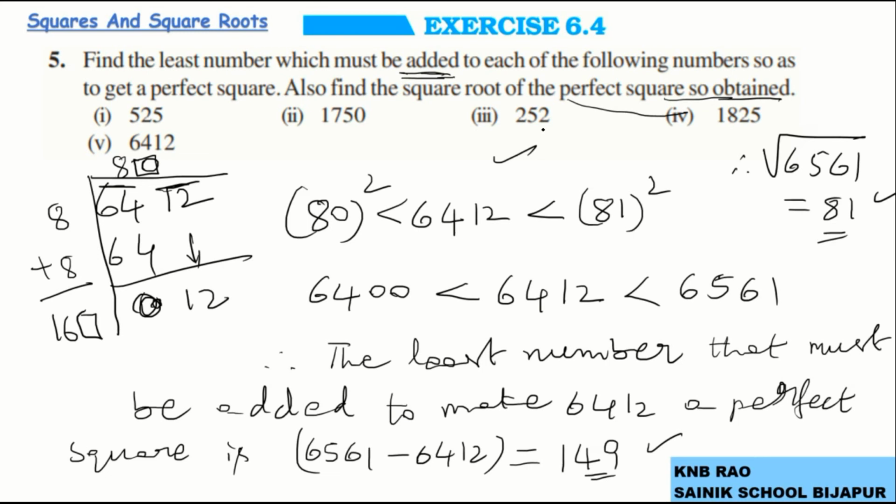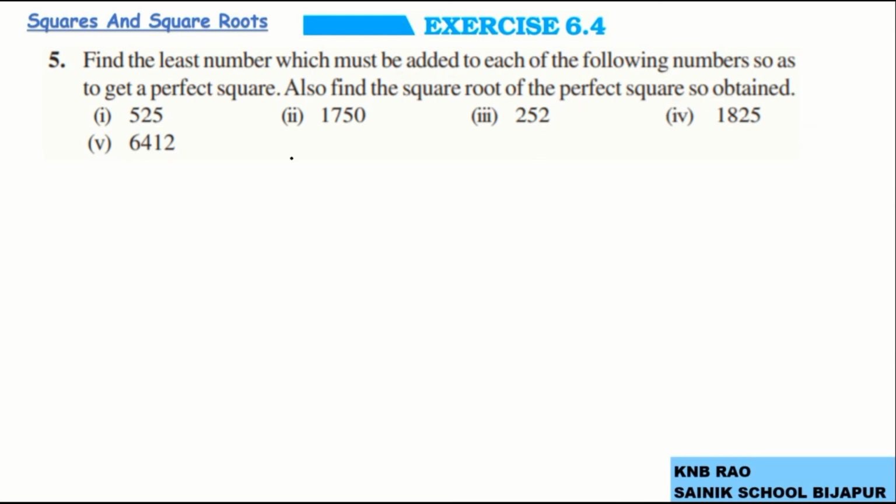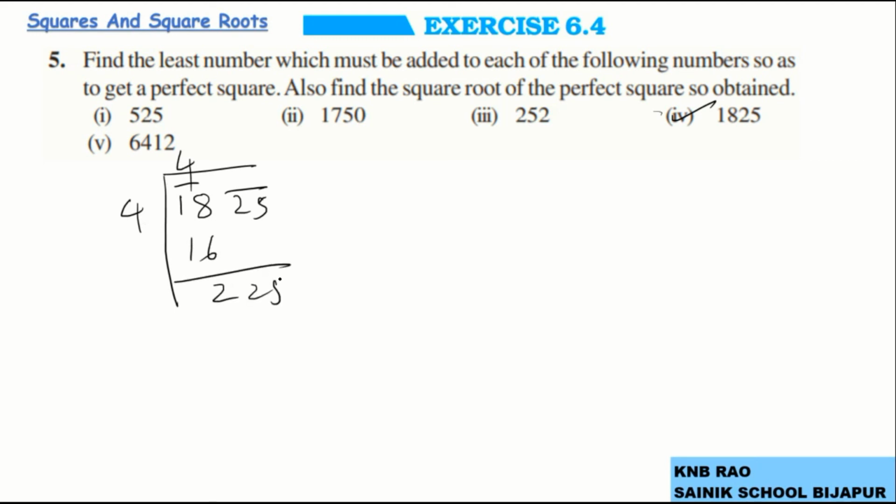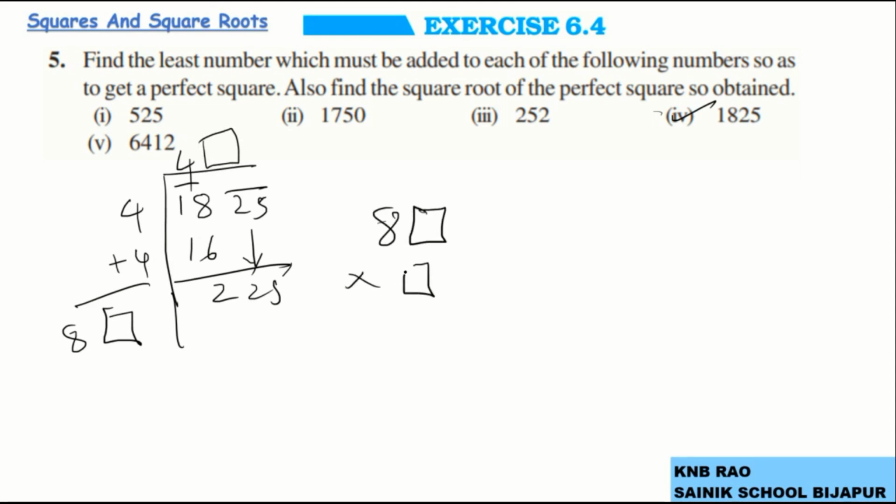If you want, I'll solve one more question for you in this main question 5. Here suppose if you choose among them 1825. First I am making pairs, and 4 4s are 16, 2, taking down here 4 plus 4 is 80, and I have to choose appropriate digit here. So a number in tens place being 8 will be 0 to 9.